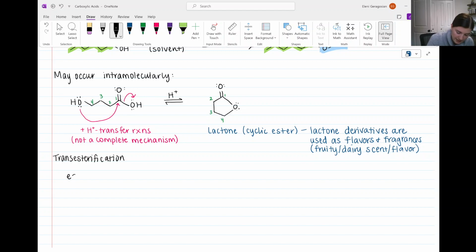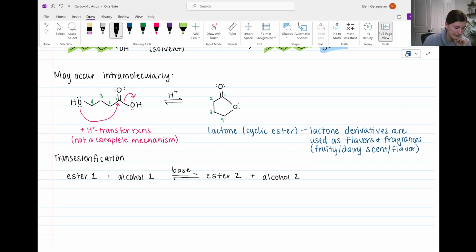So in a transesterification reaction, we start with one ester. So ester 1 will add an alcohol, alcohol 1. These occur under basic conditions. And we'd form a new ester and a new alcohol.